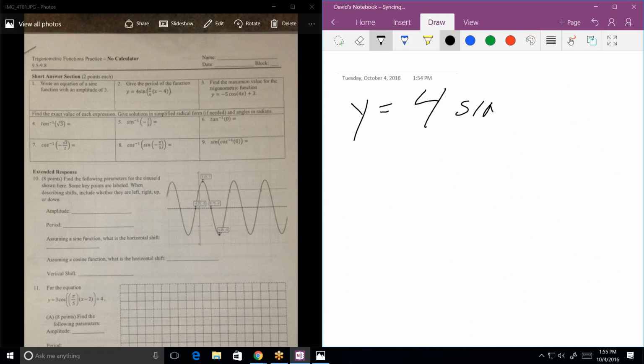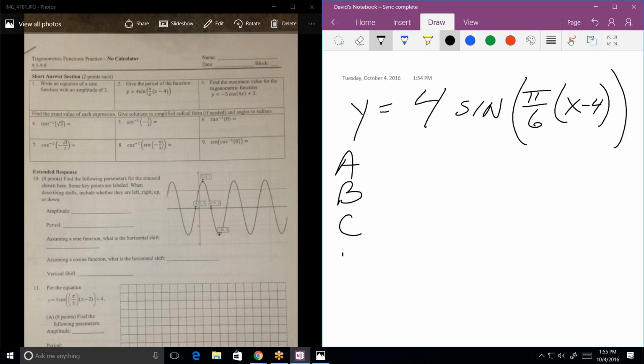I didn't mean to waste 25 minutes of our hour without doing your problems, but I really feel like that explanation is important to understanding these functions. So, what is A? What is B? What is C? And what is D?